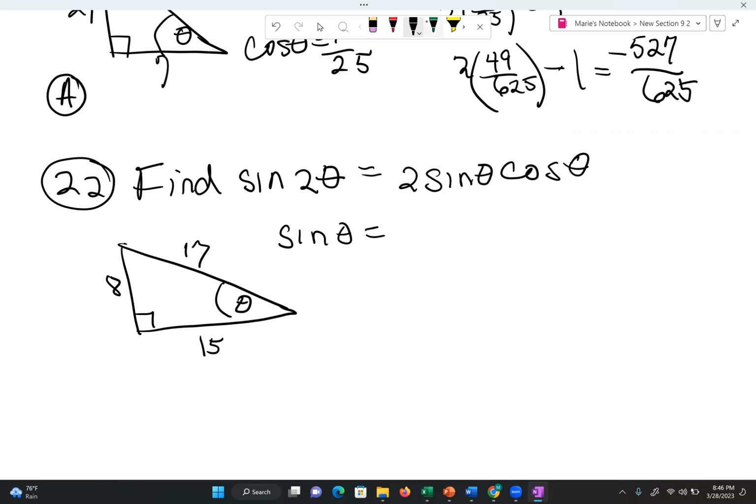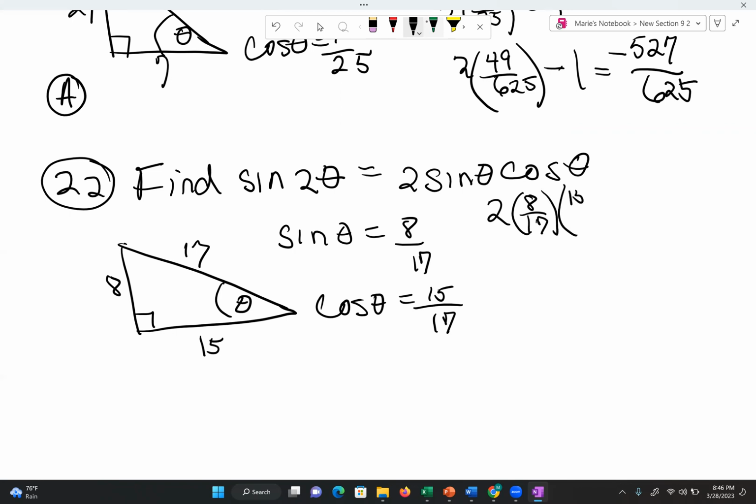So sine theta for us will be 8 over 17. Cosine theta for us will be 15 over 17. So using the identity, this is 2 parentheses 8 over 17 times 15 over 17, which doing the math, what do we get?